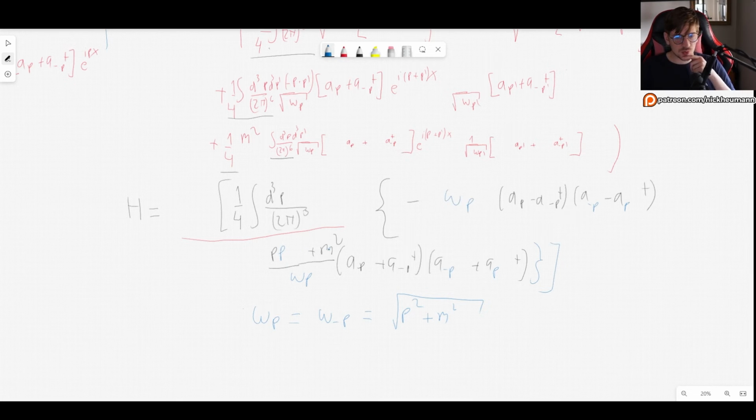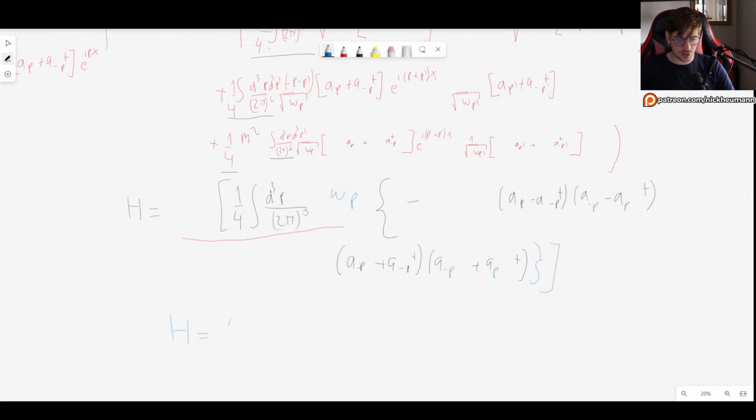And now p squared plus m squared is omega squared, right? We can see it right there. So this thing is simply omega_p squared. So we can now get rid of that and finally factor out the omega to the front. So we have omega_p. Okay, so that is a lot of progress. And now what we need to do is just multiply through.